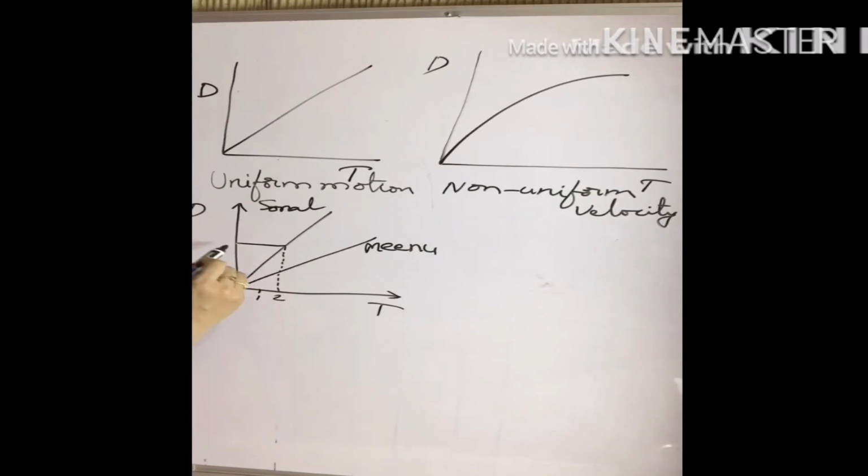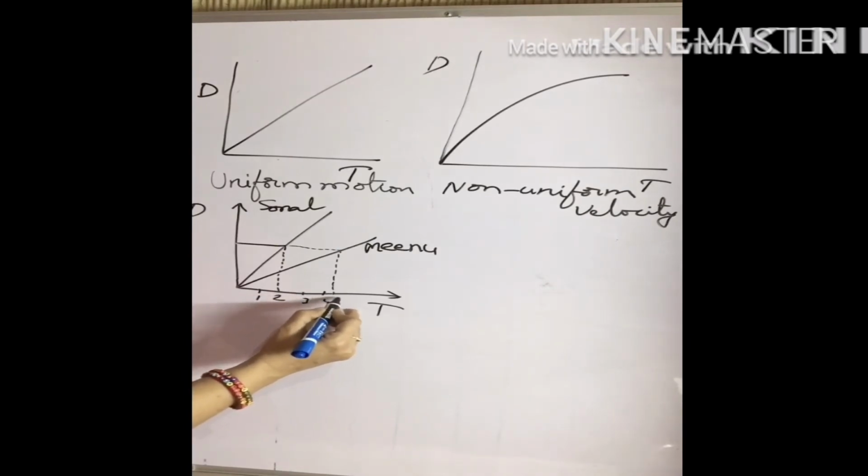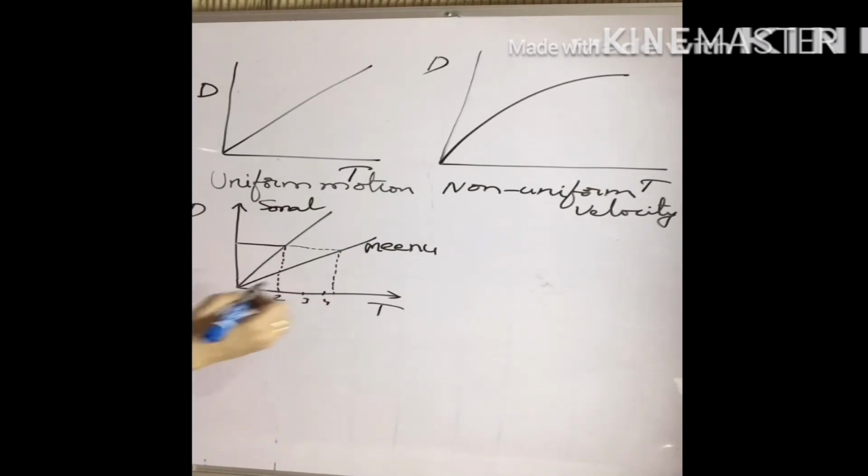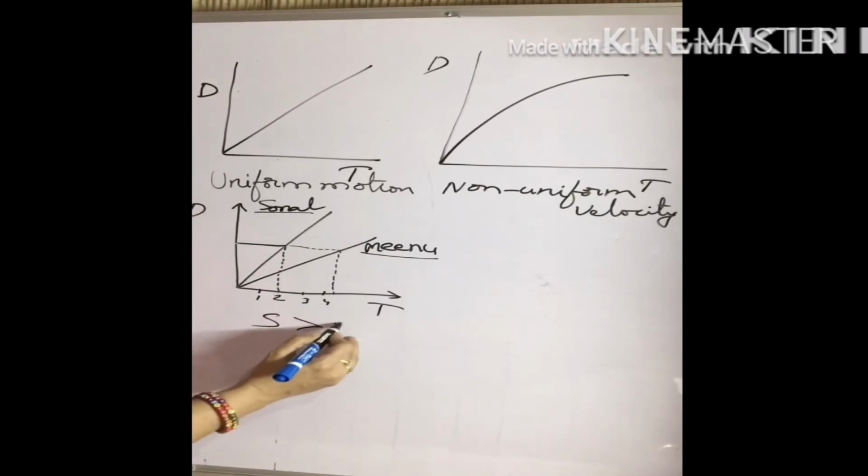And the same distance, Meenu covers in this much time, maybe 3, 4, 4.5. So, Meenu has taken more time to cover the distance than Sonal. That means the velocity of Sonal is more than Meenu.